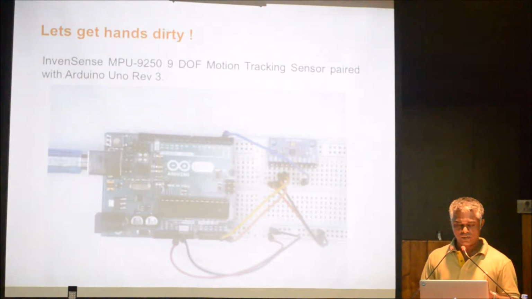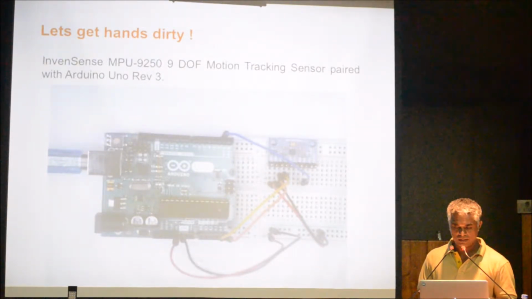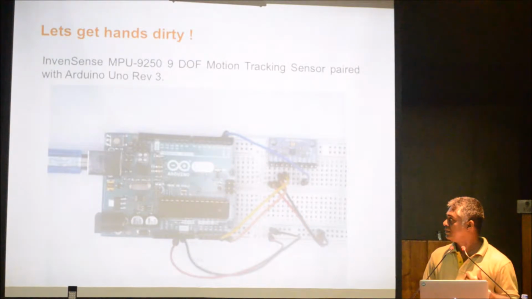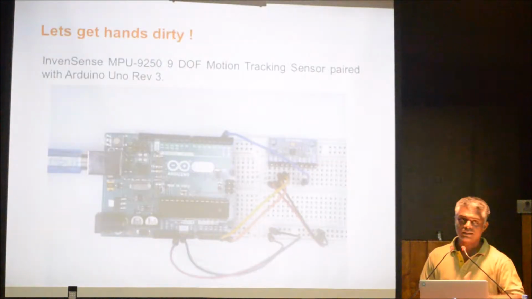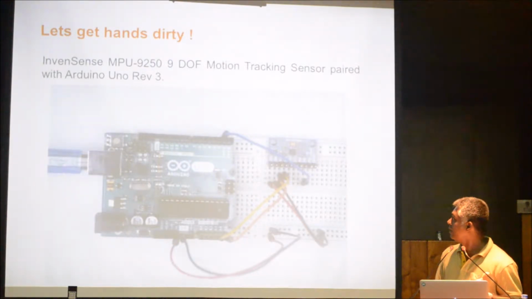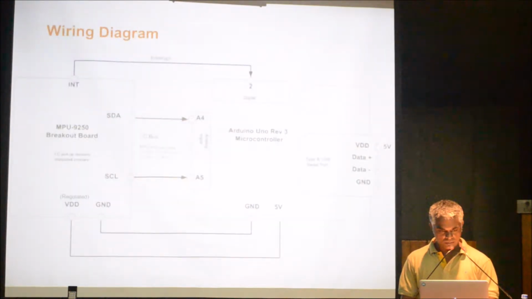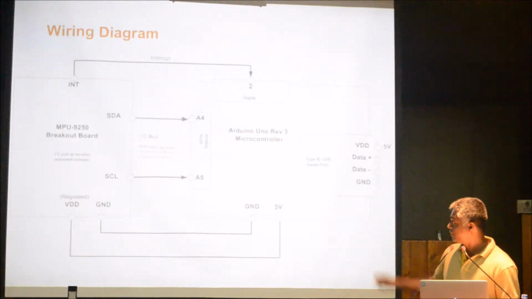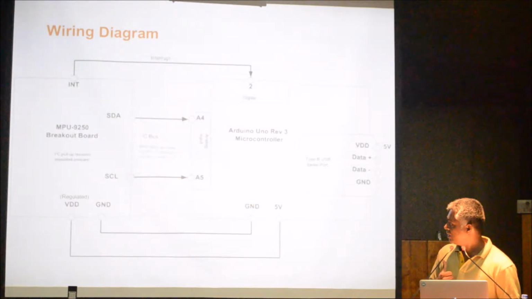I have paired this with an Arduino Uno. What the Arduino Uno does is it has an I2C bus which connects to this sensor and transfers those signals to a computer using the USB serial bus. If you look at the wiring diagram, you can see that I'm using the SDA and SCL pins of this sensor for the I2C bus data transfer.